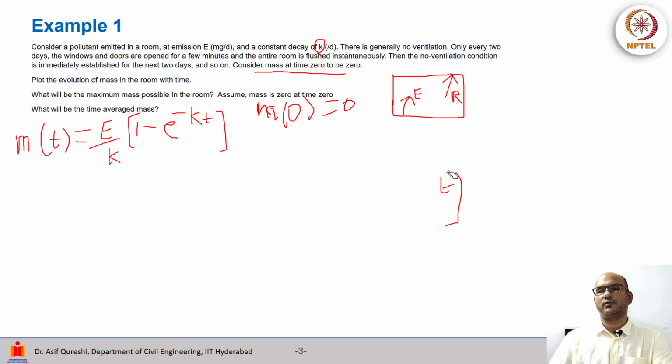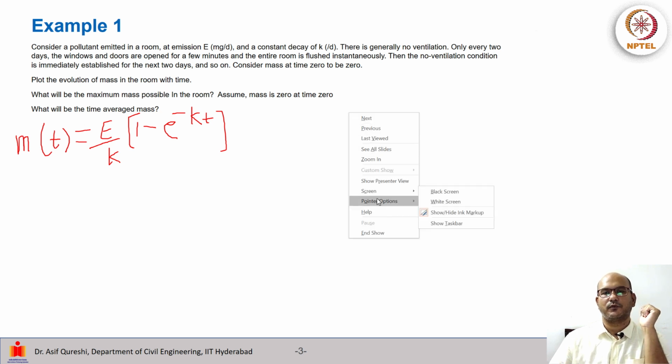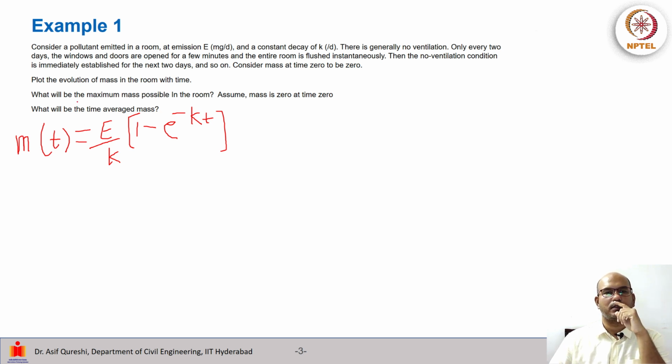Now we are ready to do the first problem: plot the evolution of mass in the room with time. So we know that the pollution accumulates until 2 days. I am just going to rewrite, putting in the value of K. So K is 0.5, so 1 by K is equal to 2.